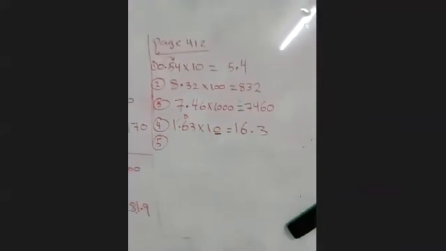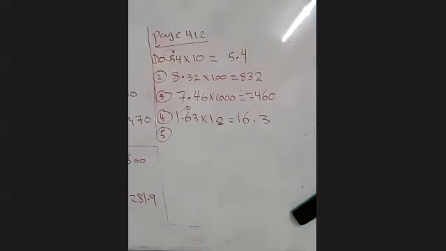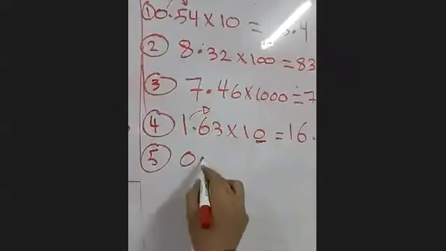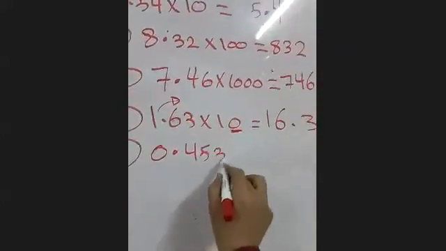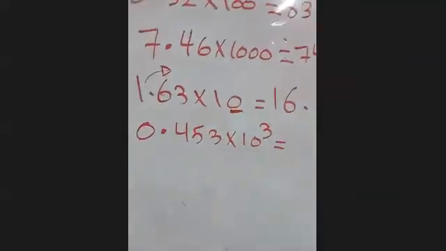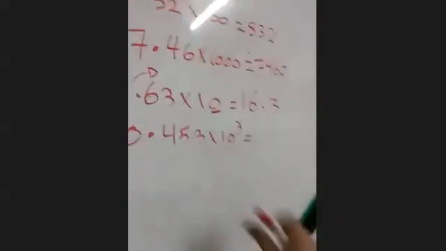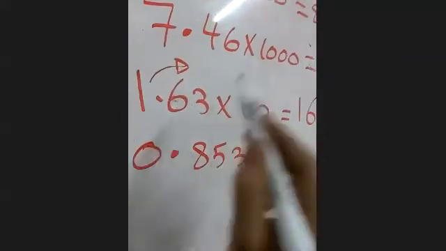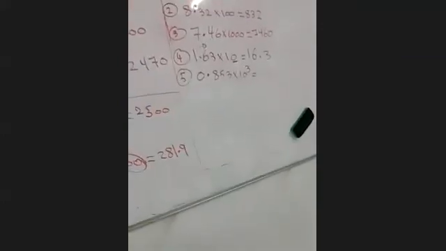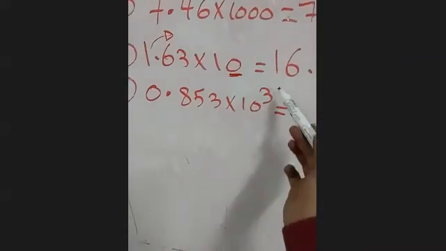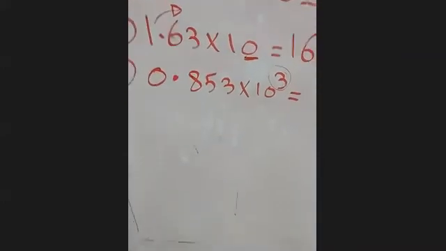Question 5. 0.853 multiply 10 power 3. First we look at the 10, it has power 3, and we have 3 digits after the decimal.